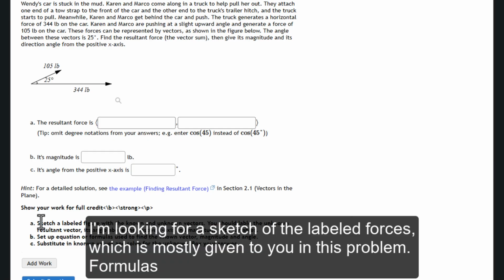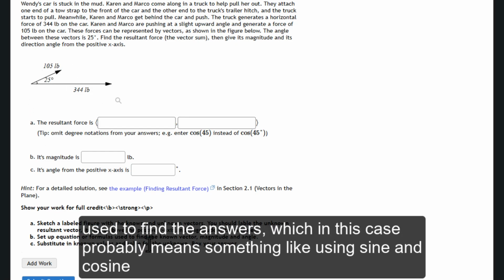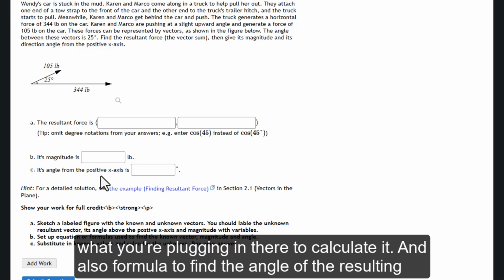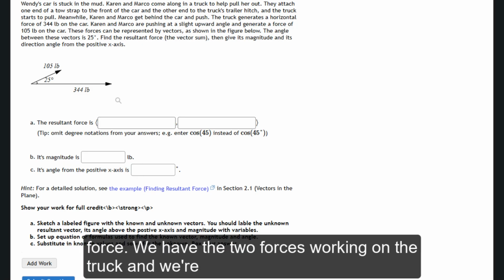I'm looking for a sketch with labeled forces, which is mostly given to you in this problem. Formulas used to find the answers, which in this case probably means using sine and cosine rules to write your forces in component form if you like. But also the magnitude formula, what you're plugging in there to calculate it, and also a formula to find the angle of the resulting force.